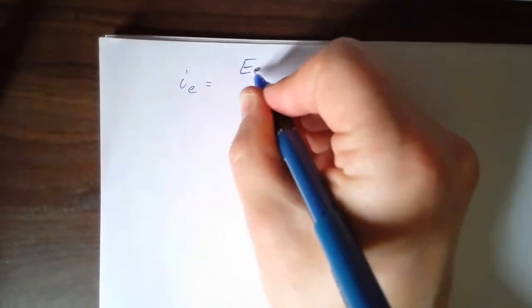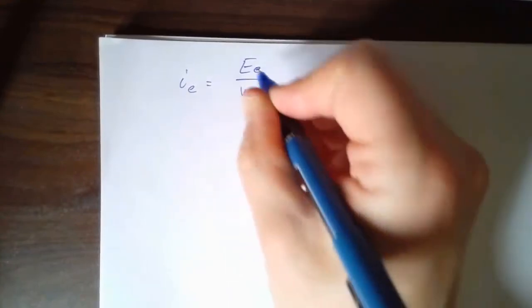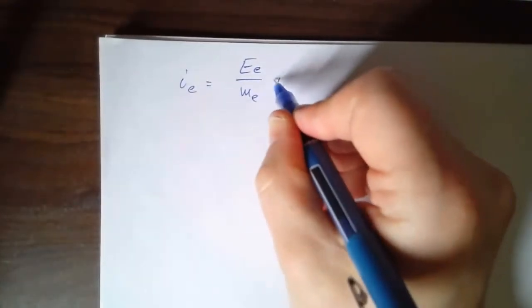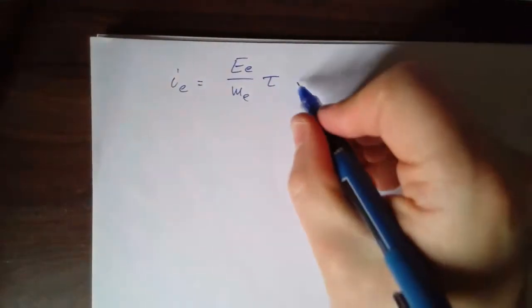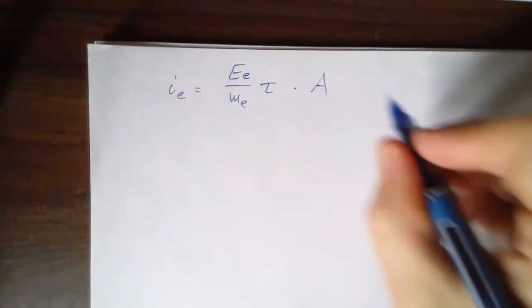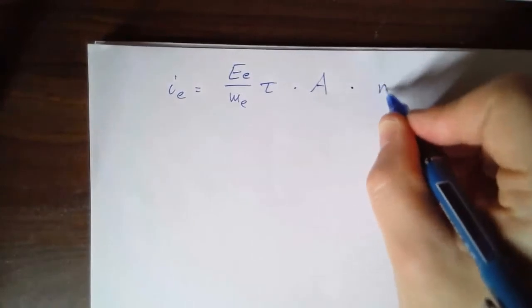We're going to find that the electron current I_E is equal to the drift speed, which we write in terms of acceleration and time. It's E over m, the mass of the electron, that's my acceleration, times the average time between collisions. That gives me the drift speed, times the cross-section, times the electron density.